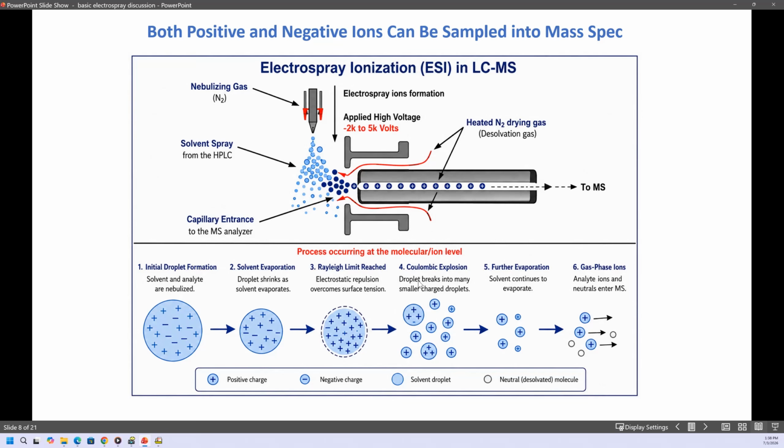And then as a droplet breaks into many smaller charged droplets, the charge gets higher and higher, and they tend to explode. And sooner or later, with further evaporation as you're going through the nitrogen at atmospheric pressure, you get positive ions, and then the ions are drawn into the mass spectrometer where they're analyzed. Of course, we can only see ions. We do not see neutrals. Neutrals are not detected in the mass spec.